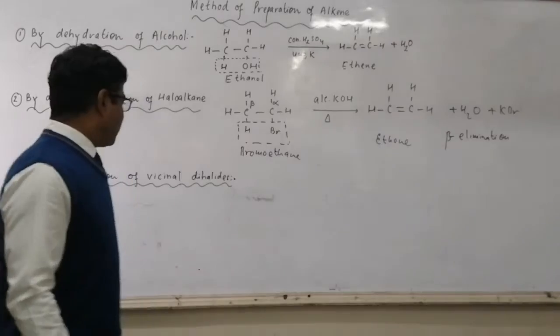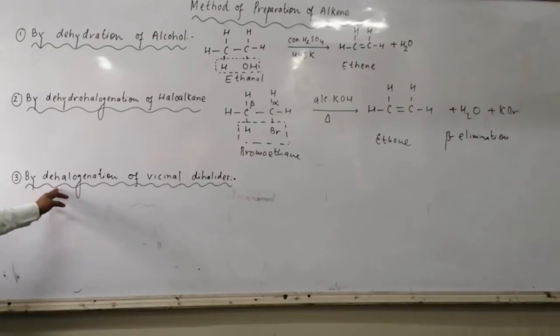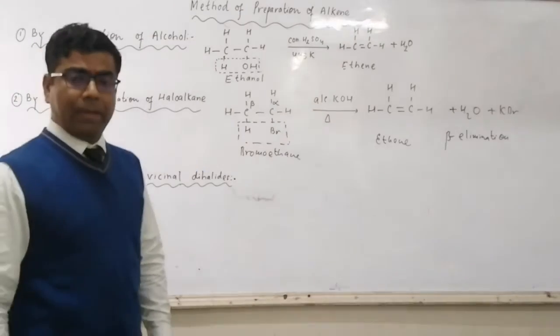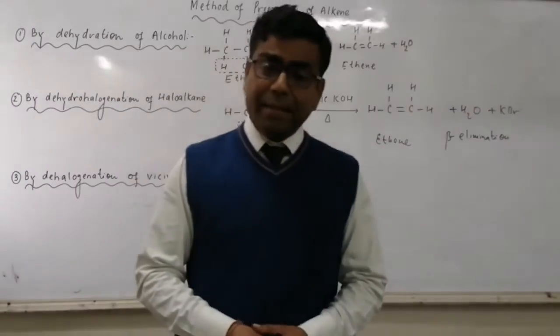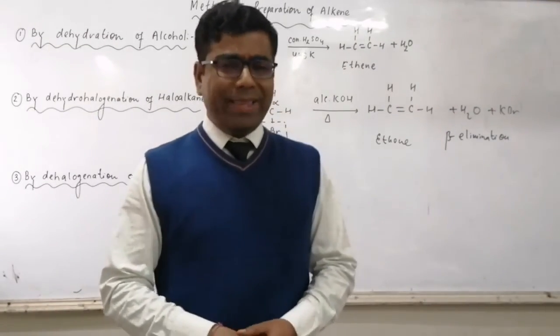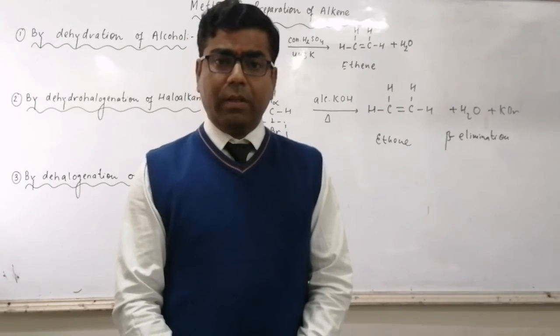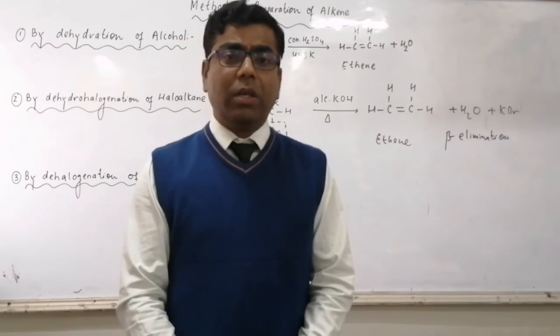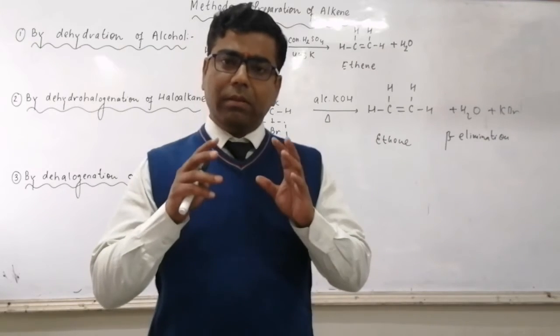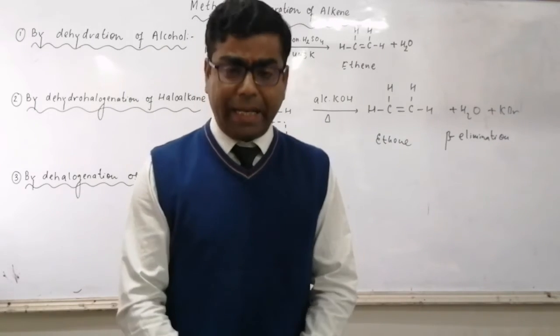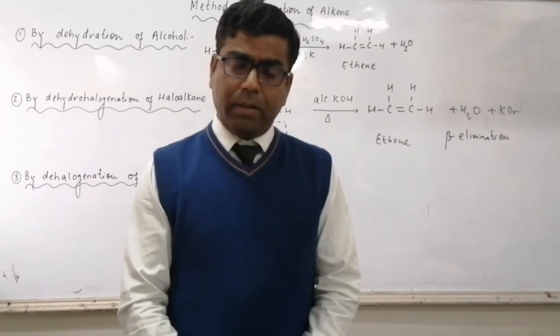Now the next one is your dehalogenation of vicinal dihalides. Now what are vicinal dihalides? When the halogen atoms are present on neighboring carbon atoms, then the dihalides are called vicinal dihalides. Clear?